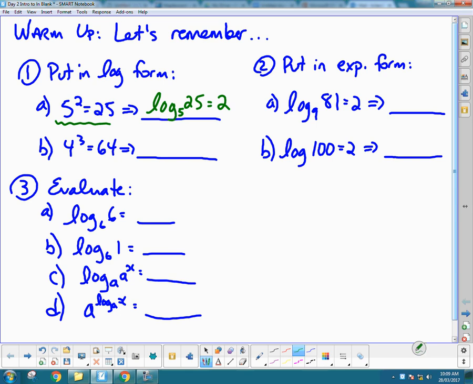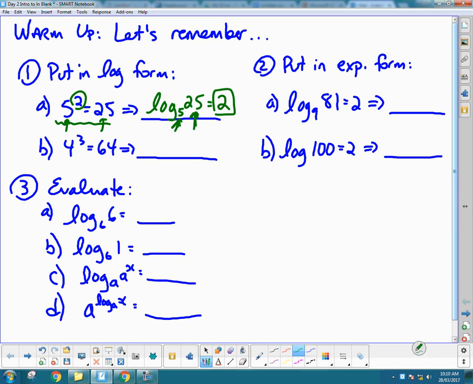So the base of the exponent goes right here. The answer is 25, and the exponent is what a log is, because remember, logs are exponents. What this says is, what exponent do you put on 5 to get 25? And the answer, of course, is 2.